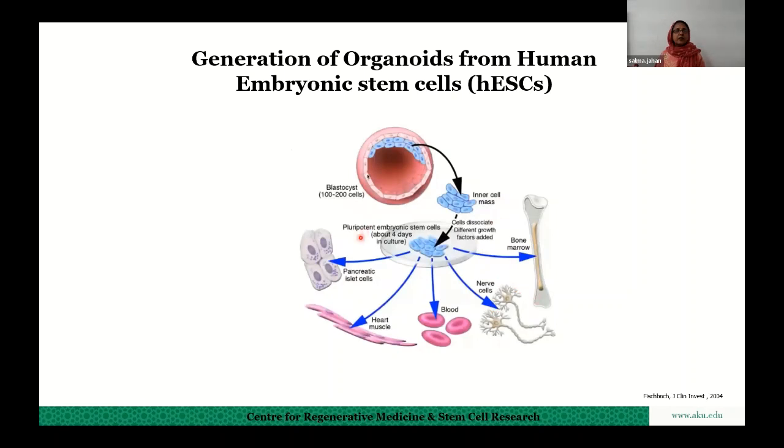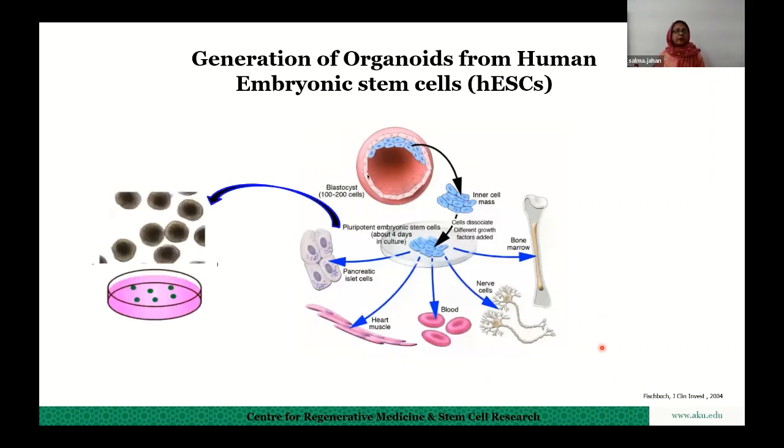As you see in this cartoon, you can take these cells from the blastocyst or inner cell mass, grow them in the dish, and then differentiate them into multiple lineages, depending on what you are interested in. Then you utilize these pluripotent stem cells to grow the organoid in the dish.